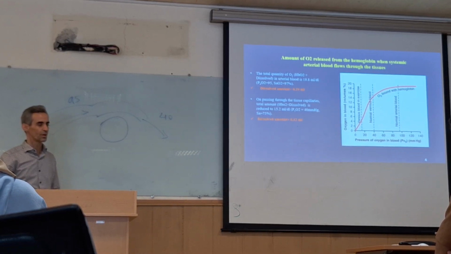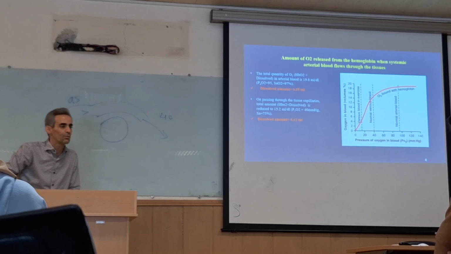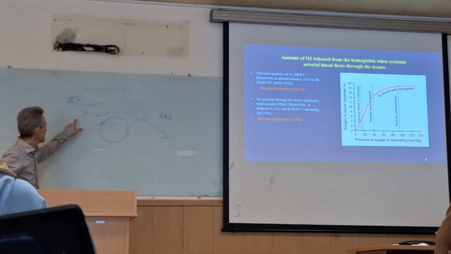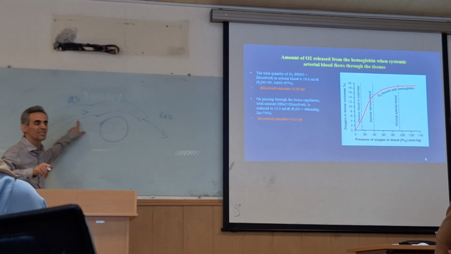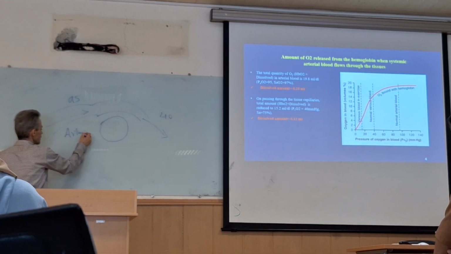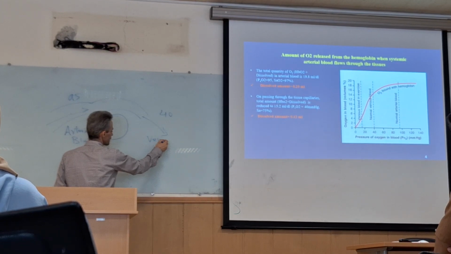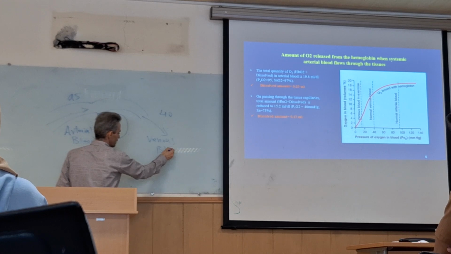Now I want to calculate the total amount of oxygen in each deciliter of arterial blood. Here we have arterial blood, and here we have venous blood.